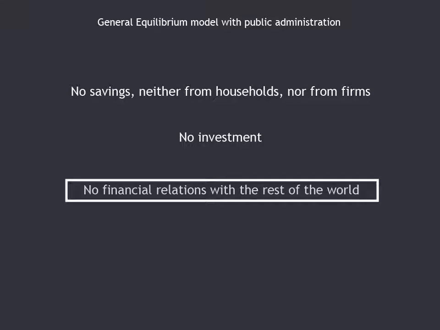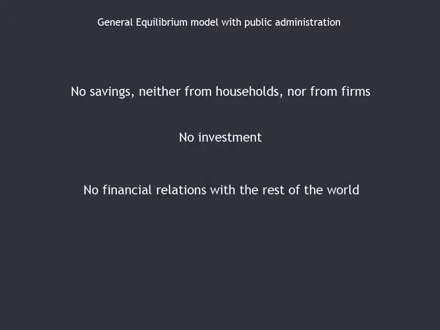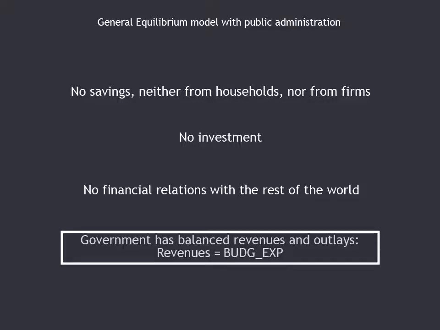And there are no financial relations with the rest of the world, because of course an economy can finance the rest of the world or be financed by it. This is not the case because there is no relation with the rest of the world. So in the model that we have designed, if we consider all other agents, there is neither demand for funds nor a supply of funds.